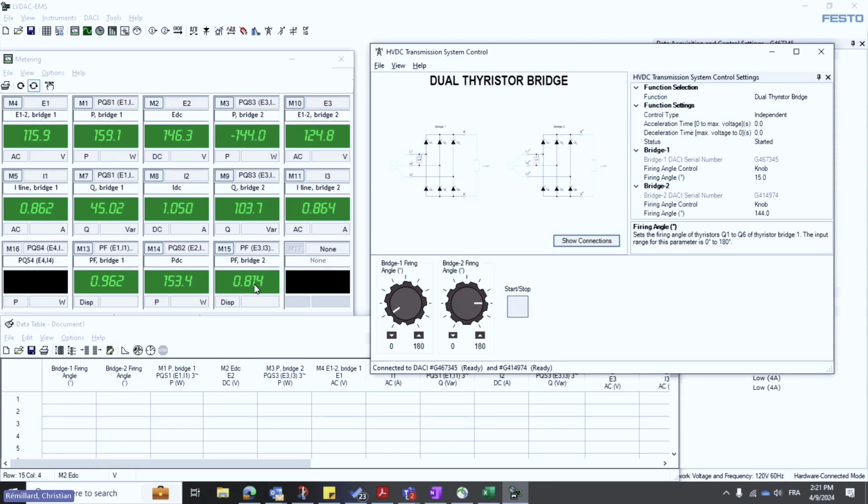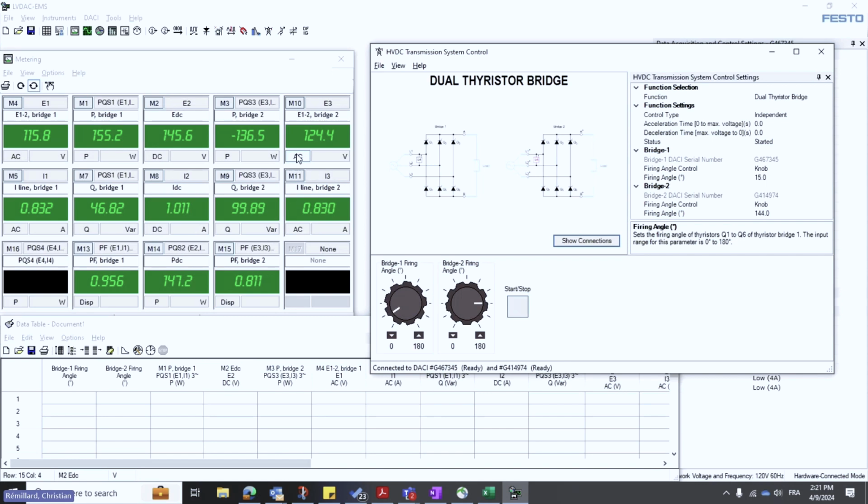And part of the exercise is to explain how to prevent this value from becoming too low by preventing the firing angle from becoming too low for the current to flow. So basically, we will play with the taps on our transformers to reduce the voltage on one side or the other to allow power flow without having to decrease the firing angle too much.